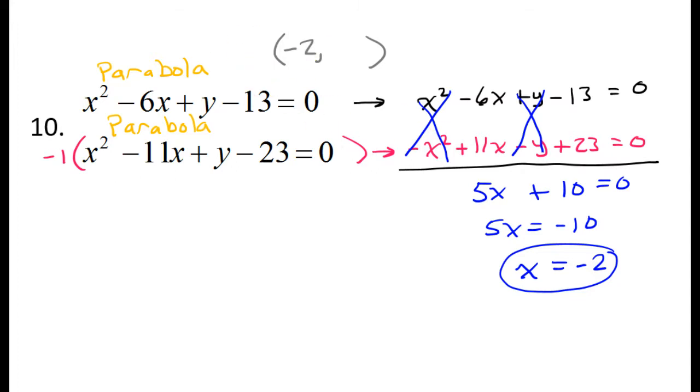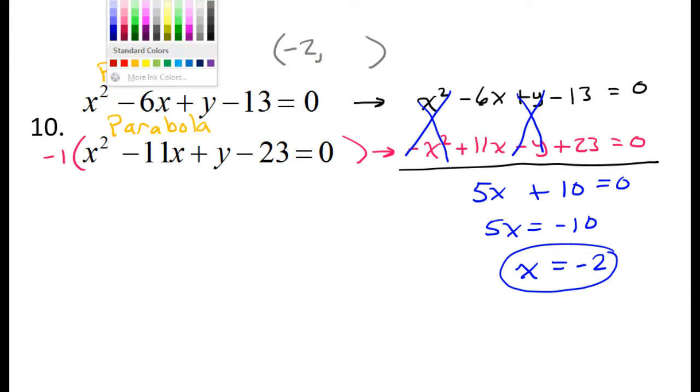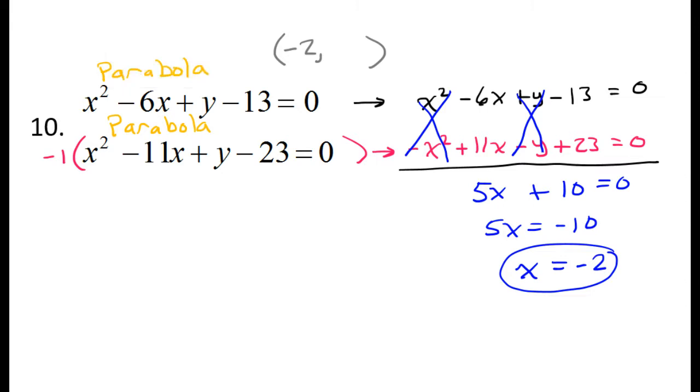So I can find the y value by taking this x value and substituting it back into one of the original equations. So I'm just going to use the top equation. So I'm going to let x equal -2. And I'm using the top equation.